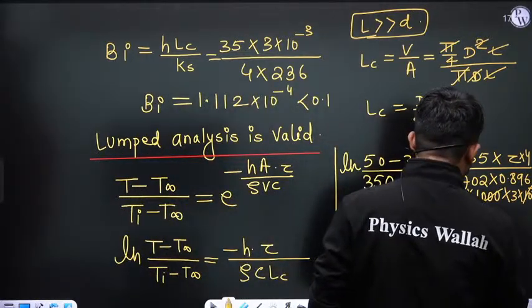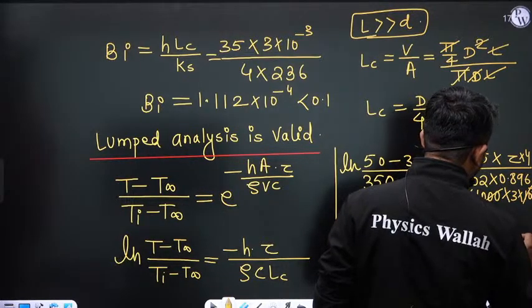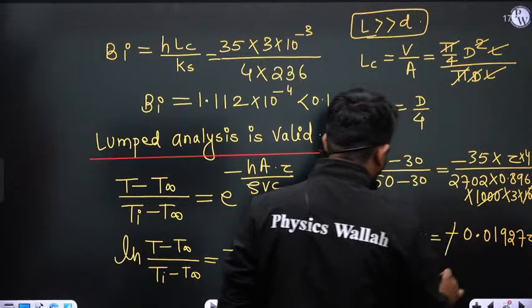This is minus 0.01927 tau. Minus minus cancel out.